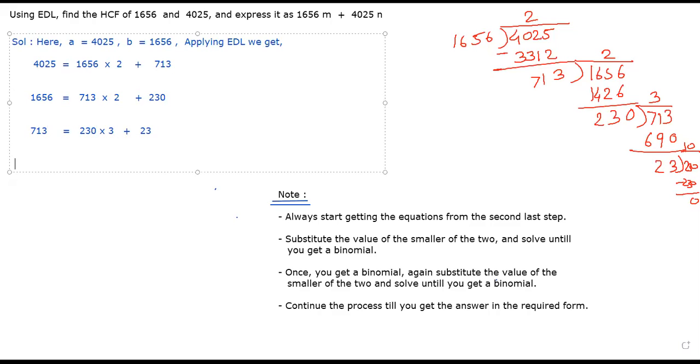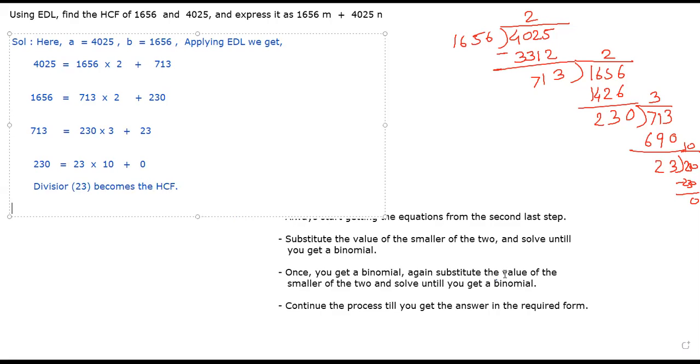Leave 2 lines and the final step: 230 is equal to 23 into 10 plus 0. Division stops. Who is our divisor finally? 23 becomes the HCF. This is our first part of the sum.